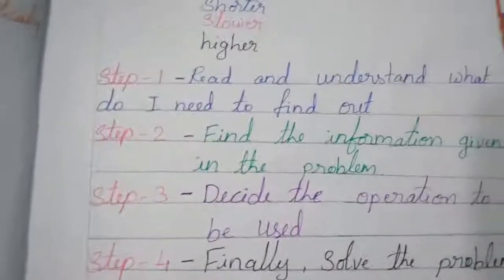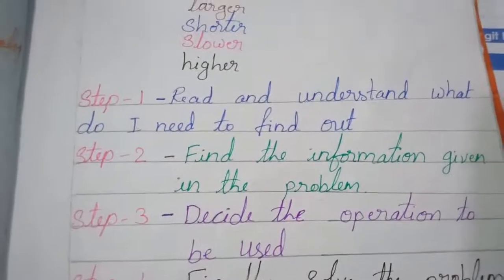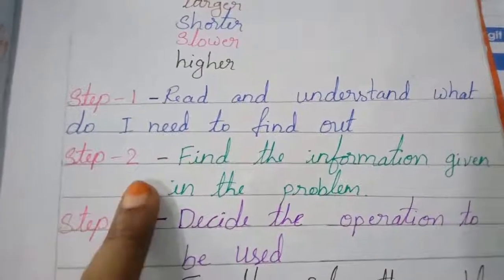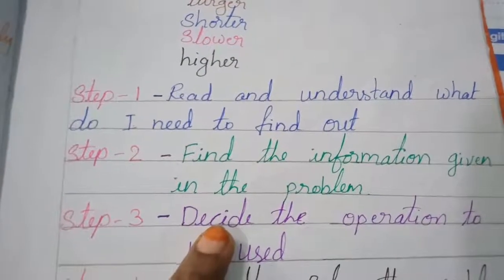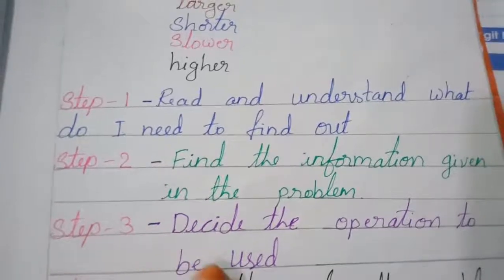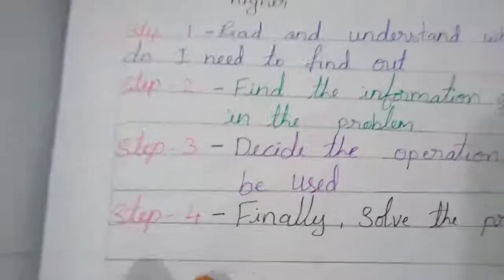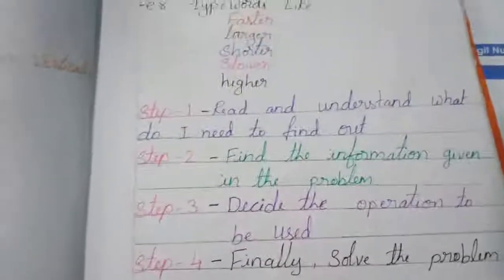First read and understand what you need to find out. Step 2, find the information given. Step 3, decide the operation to be used. Step 4, finally solve the problem. Understood, children?